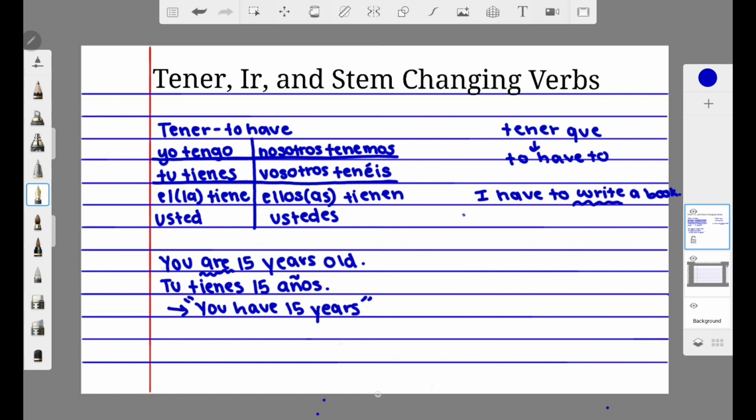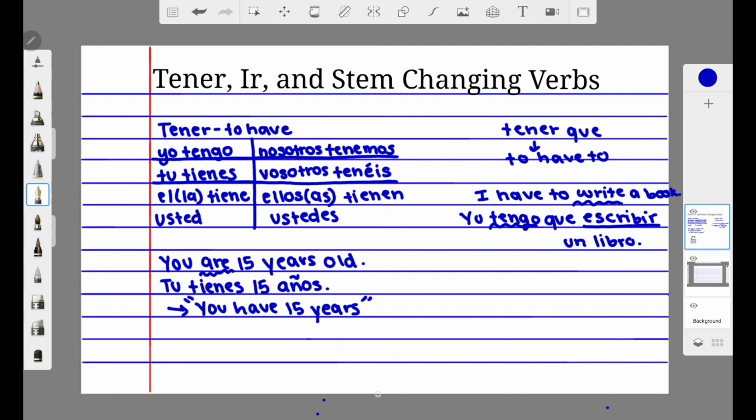So, yo tengo, the conjugation for tener, and then que is not conjugated, it's not a verb. Yo tengo que escribir un libro. Now, you would think that maybe I have to conjugate this verb too. Tener already counts as a verb.